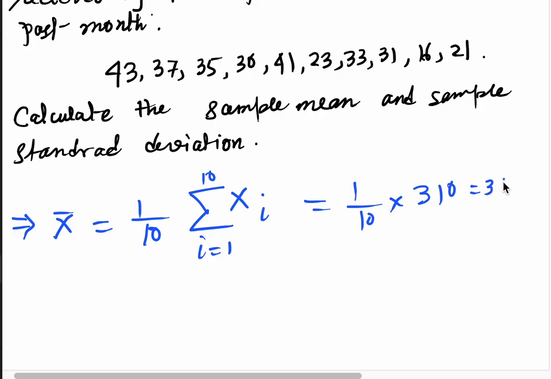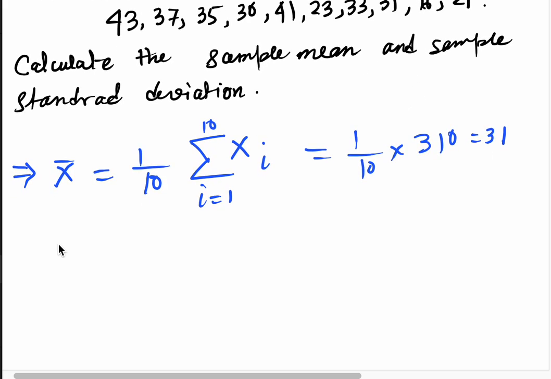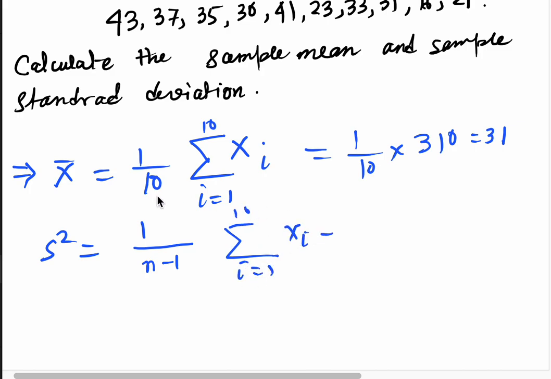So that means the sample mean is 31, and we have to now calculate the sample variance. Sample variance s square is 1 over n minus 1 summation of i equal to 1 to 10 of xi minus x bar square.